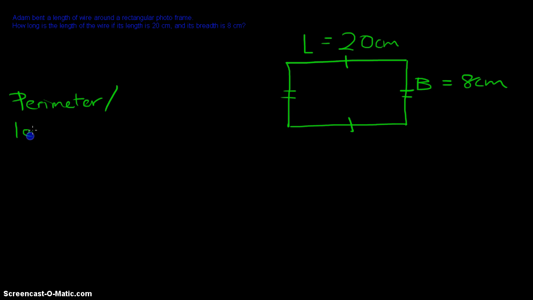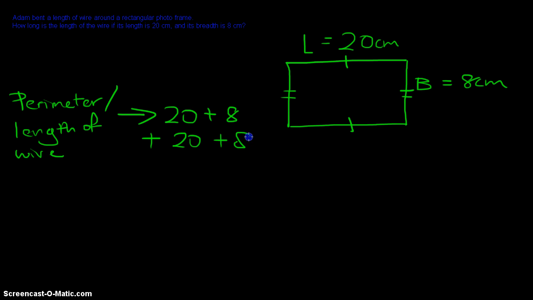So I can say that the perimeter, or the length of wire, is 20 plus 8 plus 20 plus 8.